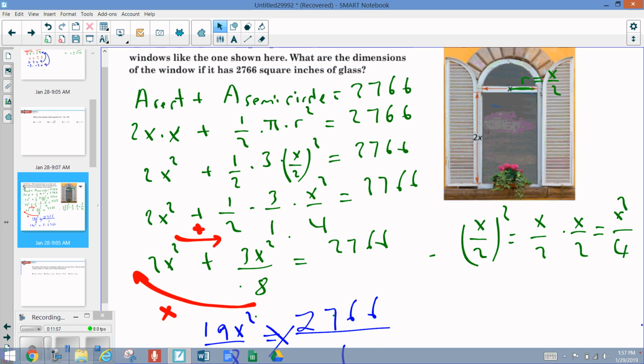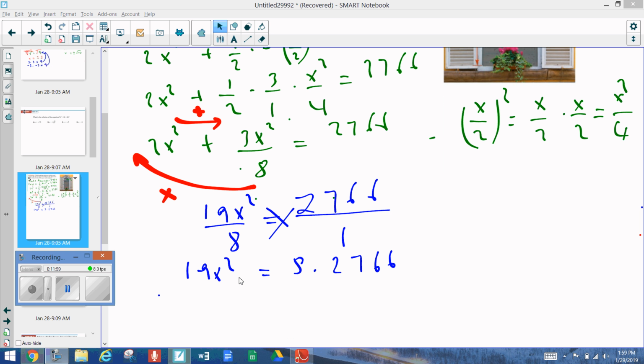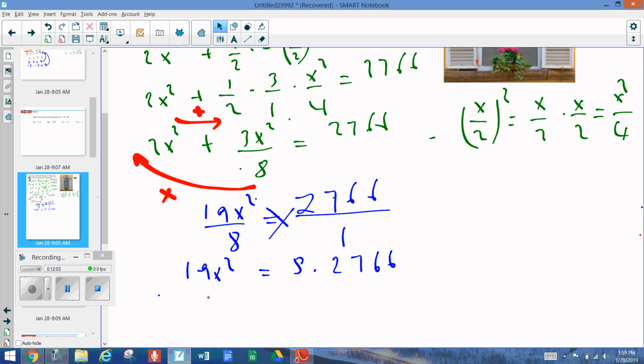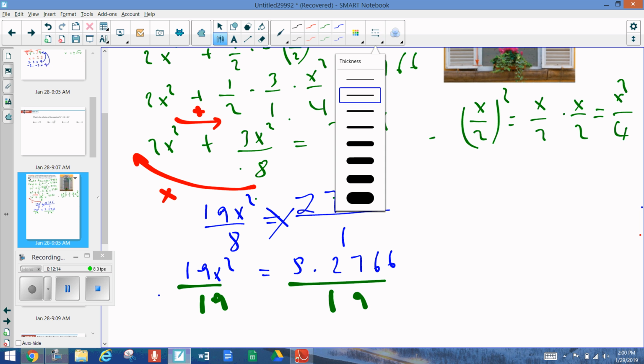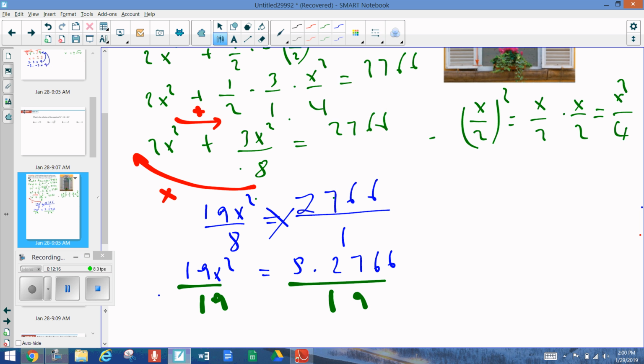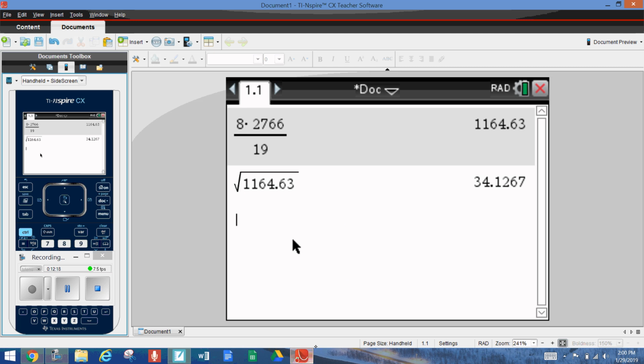We're going to divide both sides by 16. Use the calculator. What's that? Approximately 34.